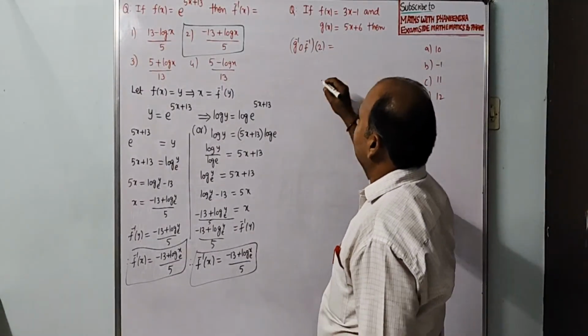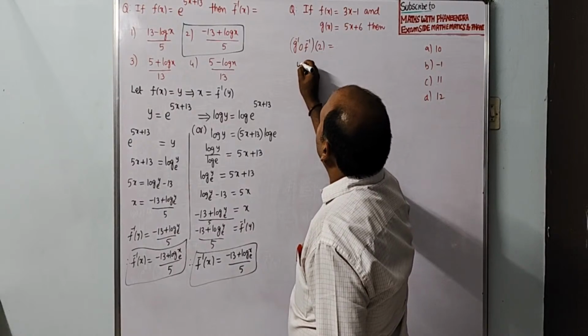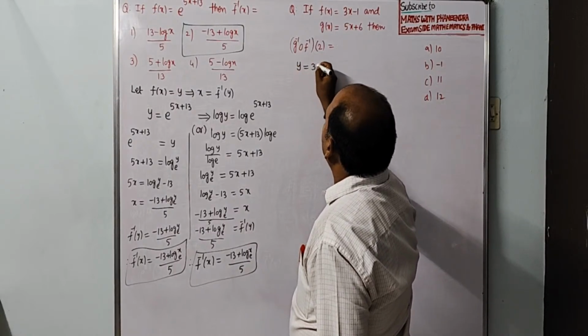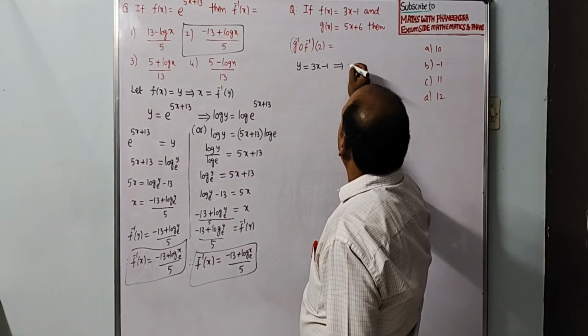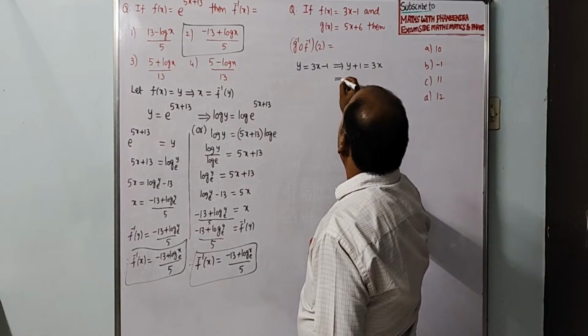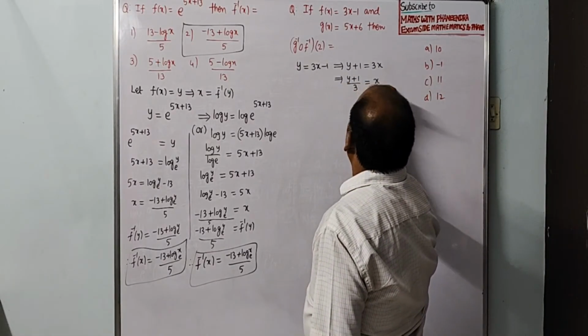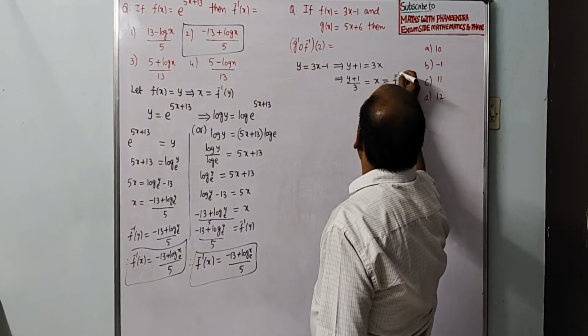Now come to this question here. Procedure: f of x equal to y, we are assuming y is equal to 3x minus 1, that implies y plus 1 is equal to 3x. Y plus 1 by 3 is equal to x. X means f inverse of y only.